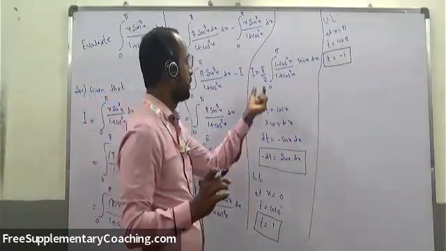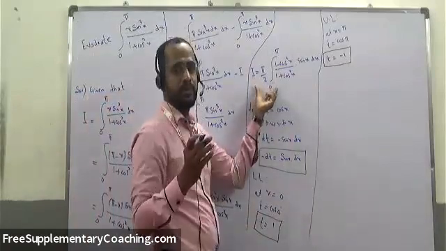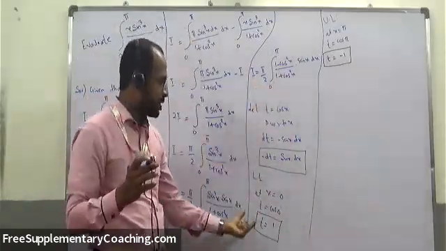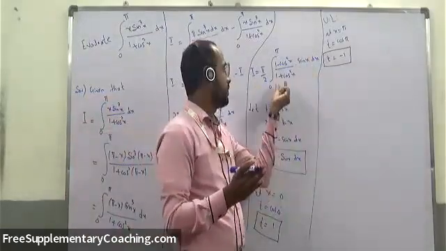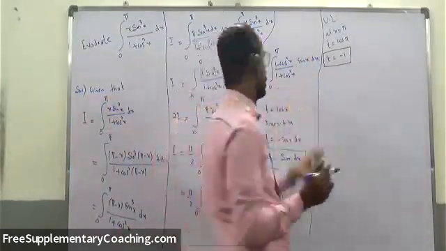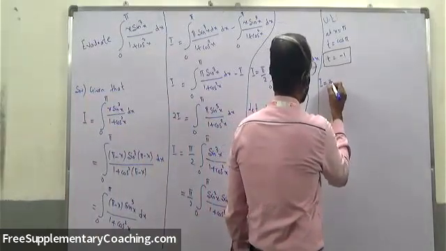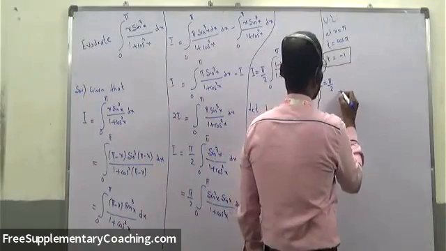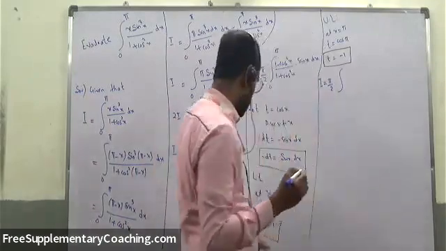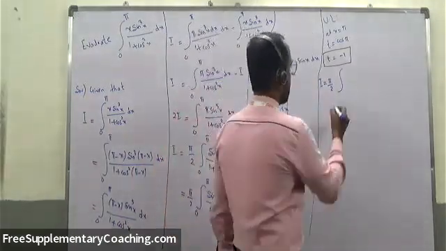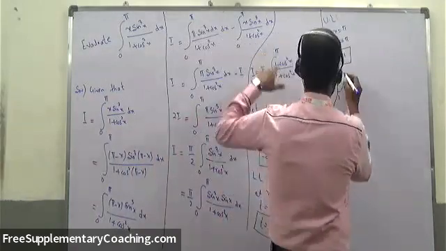Now we have to substitute all the values we have converted just now in the given I function. I can write I is equal to pi by 2. What is lower limit? 1. And what is upper limit? Minus 1.